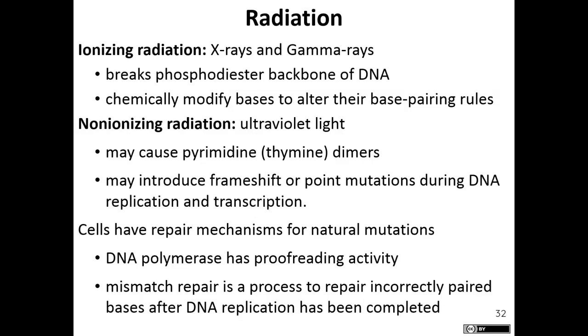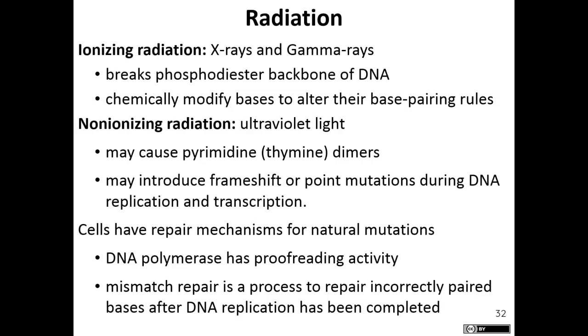A thymine dimer occurs when two thymines are on the same strand of DNA next to each other, and instead of binding with their complement on the opposite strand, they bind together. When that happens, you can't replicate properly, and so this can cause frameshift mutations or sometimes point mutations.